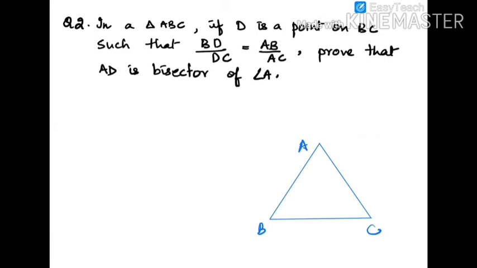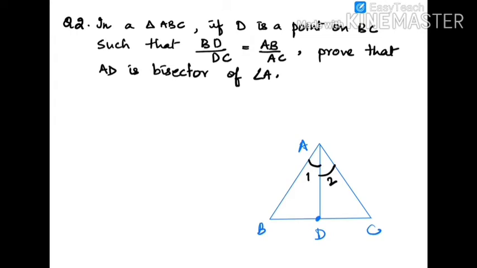If D is a point on BC, so let's say this is point D, such that BD upon DC is equal to AB upon AC, then we have to prove that AD is an angle bisector of angle A. So let's mark these angles as 1 and 2.